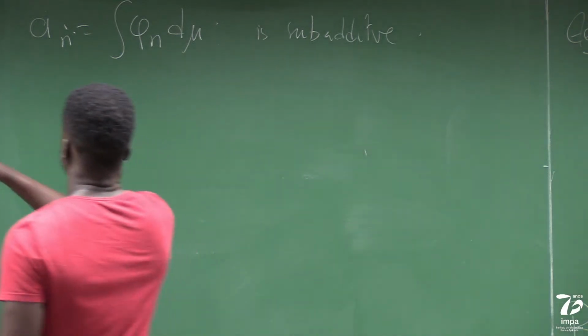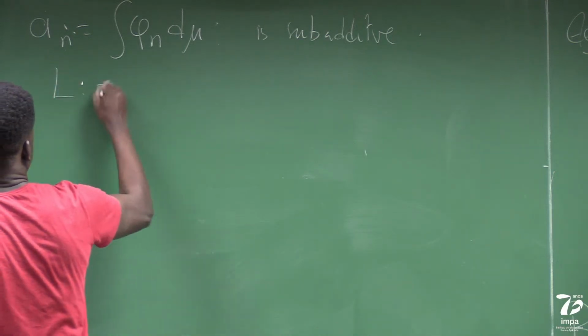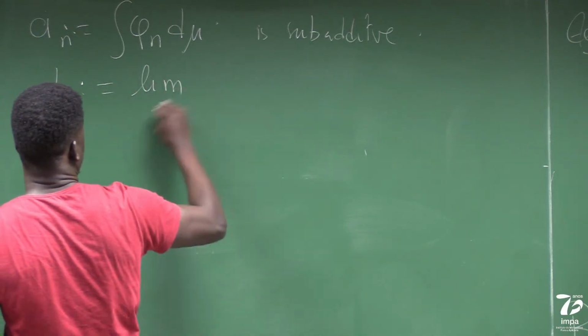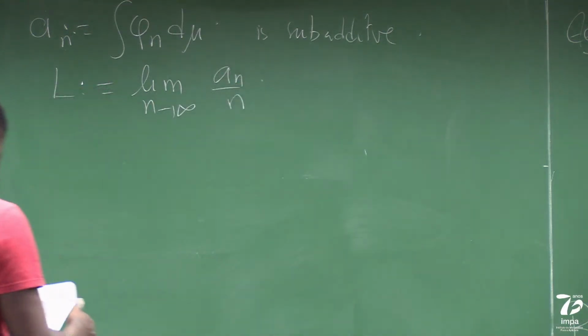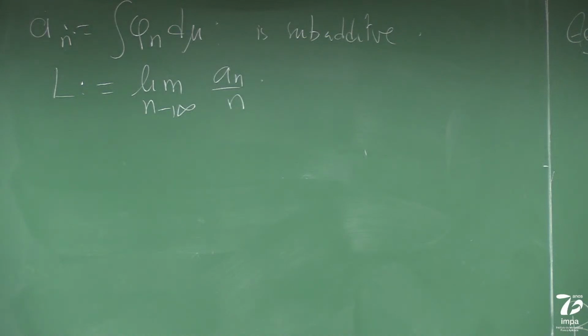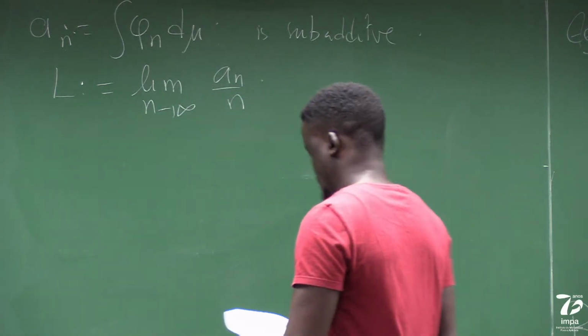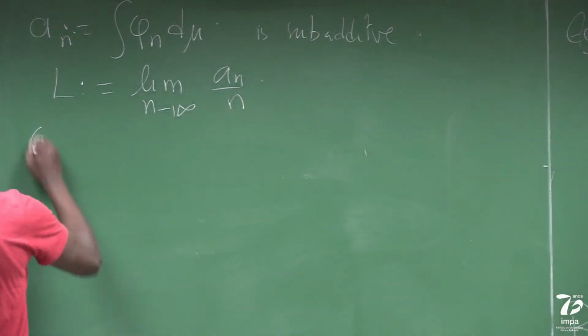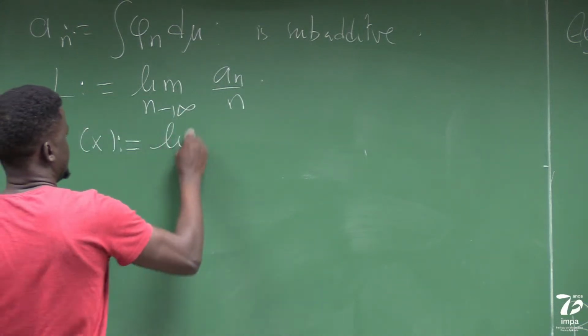So by the previous lemma we have L that is defined as the limit when n goes to infinity of a n over n. And we also define two functions, phi minus x, to be the lim inf.